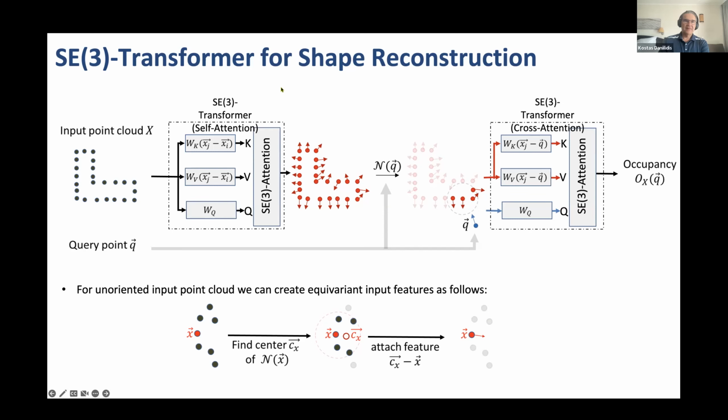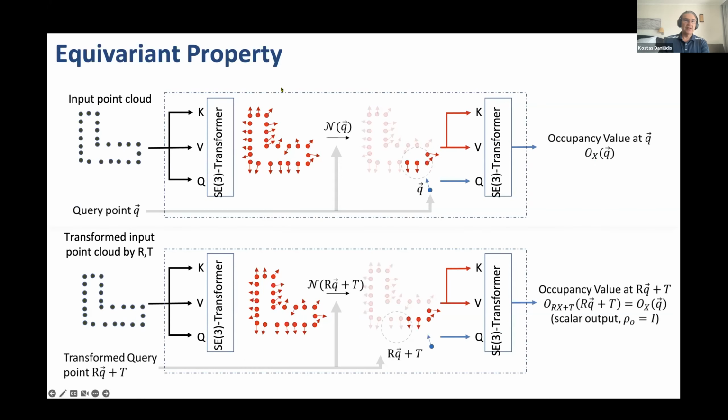When we transform the input cloud, we also transform the query, so that the query is transformed here, and the encoded transformations are transformed as well. In that case, they are transformed as higher order tensors.